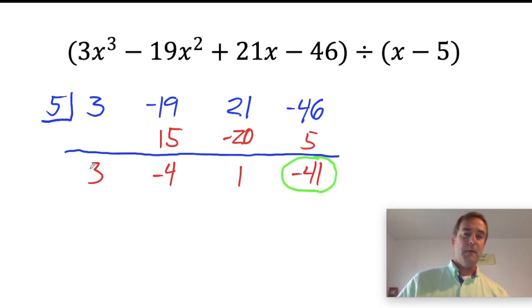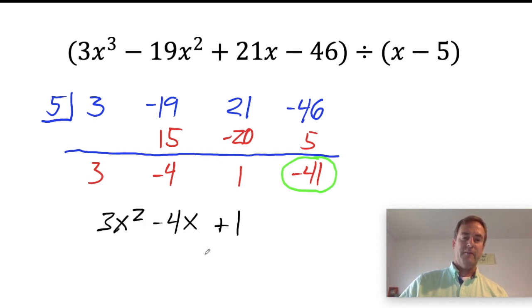The remaining numbers are the coefficients of the quotient result in decreasing order of their degree from left to right. So what we have, writing it backwards just for clarity, is plus 1 is the final term. Negative 4x is the middle term. And 3x squared is the first term.